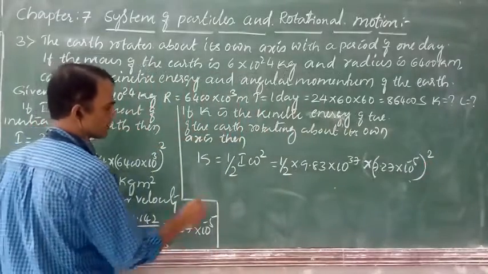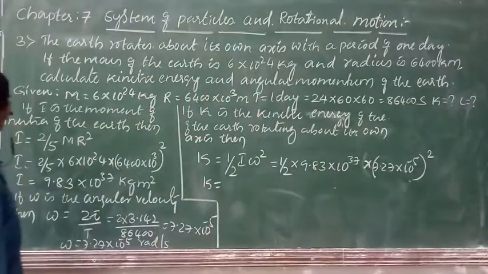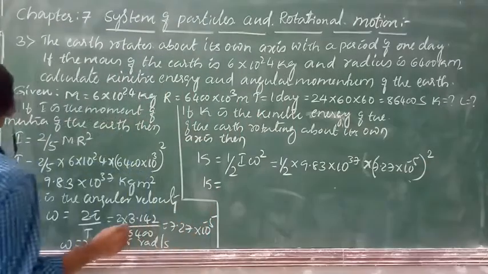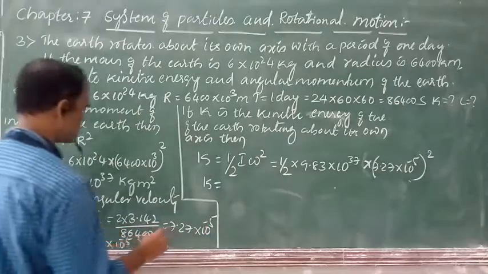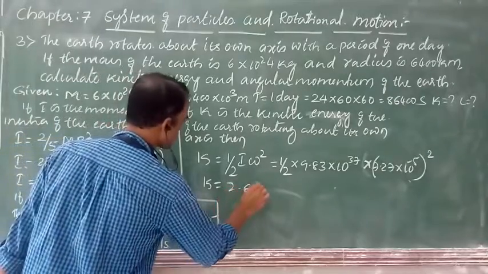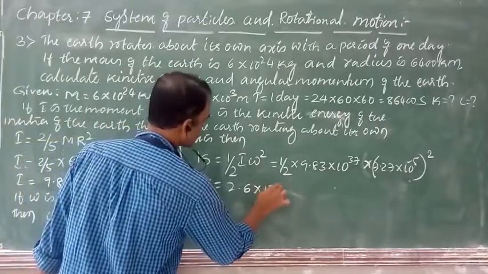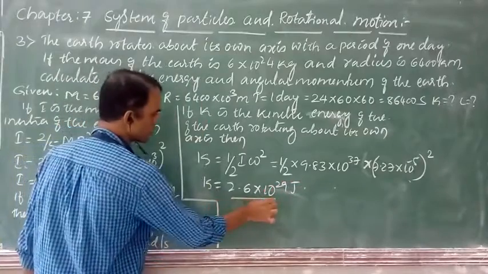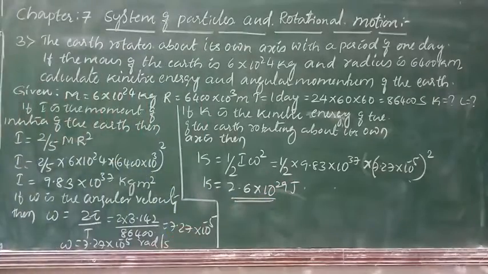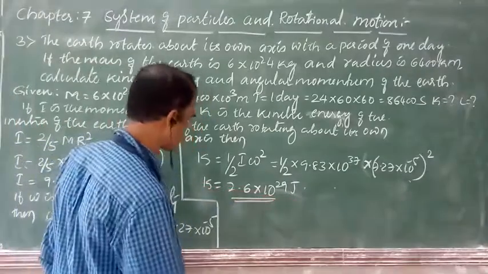So we will get the kinetic energy as K = 2.6 × 10^29 joule. So this is the kinetic energy of the Earth rotating about its own axis.